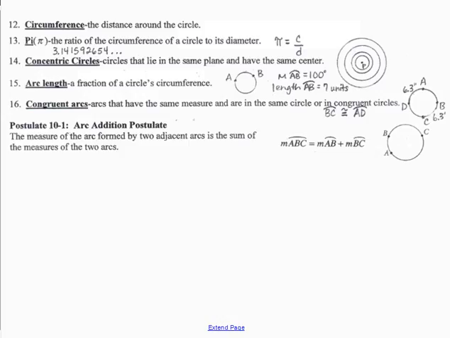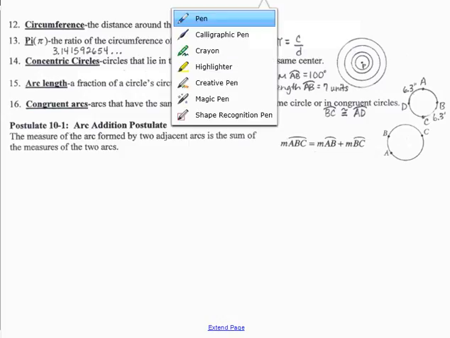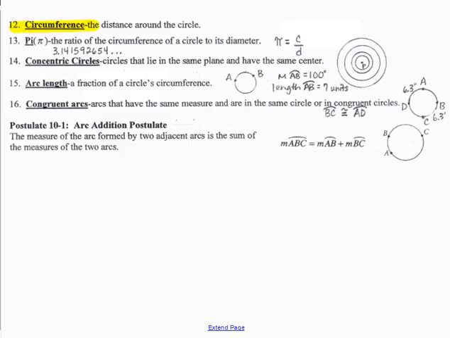Circumference. Circumference is the distance around a circle. Pi, we're going to be using that. It's a ratio, but we're going to be using that a lot to find the area and to find lengths of arcs and so forth. Concentric circles are circles that are like this.